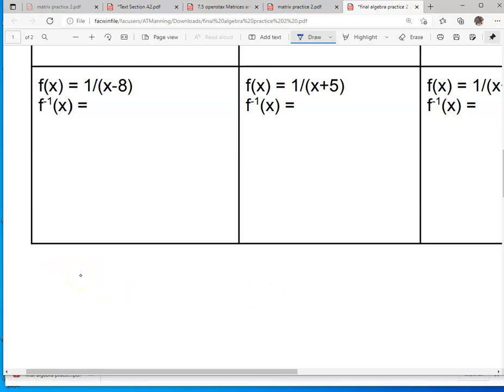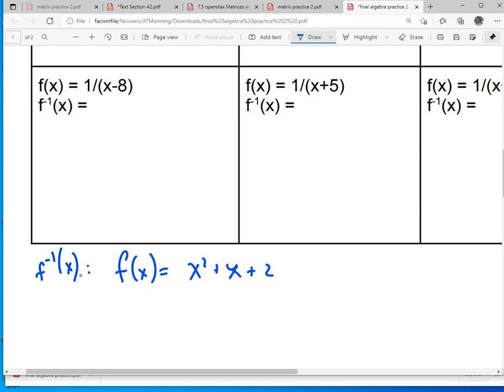If we're looking for the inverse of f, how do we do it? Well, we have some function, f of x equals something, say x squared plus x plus 2 or something. Remember what we do.